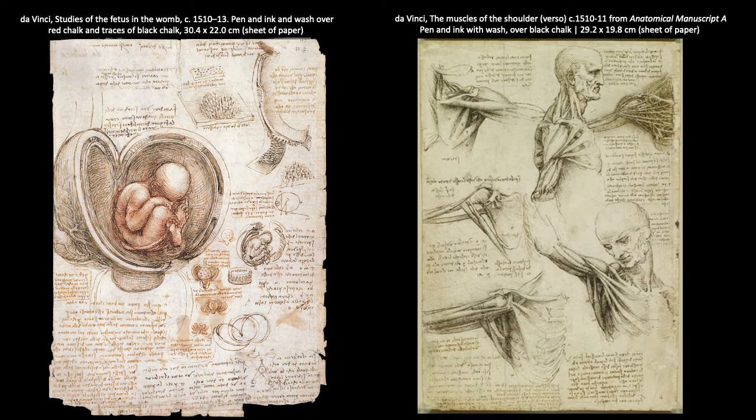Either way, he gets away with it and goes on to use these studies in his own art, and of course these studies have been used and admired by artists for centuries and centuries to come, right?